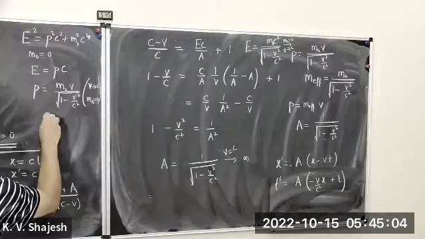But this expression gives you E by C. And M naught is 0 is the only possibility when V is C. So when V is C, that expression cannot give you momentum, which is why one has to go to the upper expression where P becomes E by C. So for a particle which moves with velocity of light, the momentum is given by E by C, right?